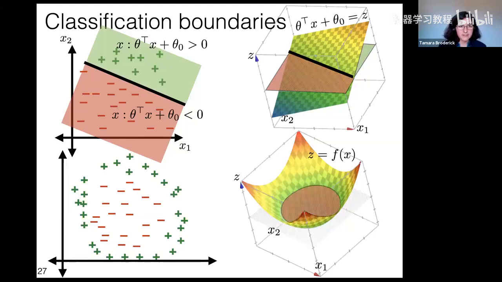Well, in this region, the function is below z equals 0. The function is less than 0. So we might predict -1 for the set of x where the function is less than 0.